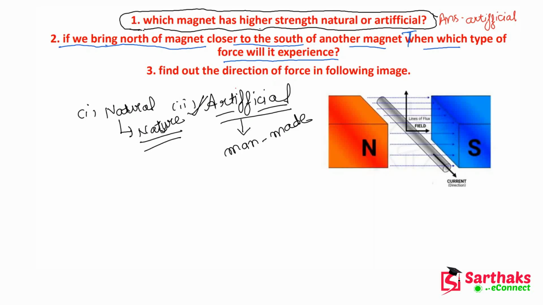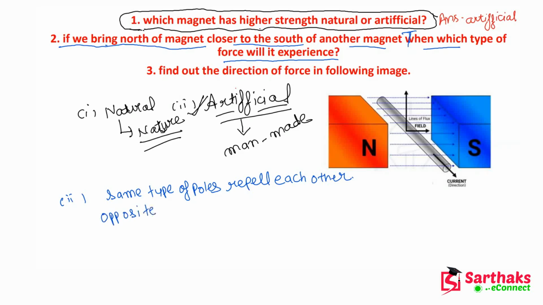So we know that the same type of poles repel each other, and we also know that opposite types of poles attract each other.